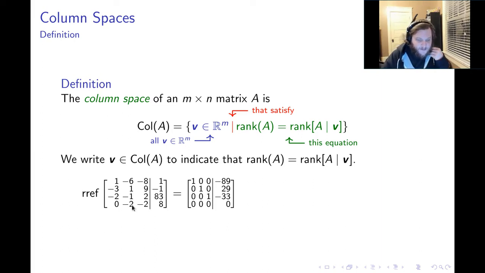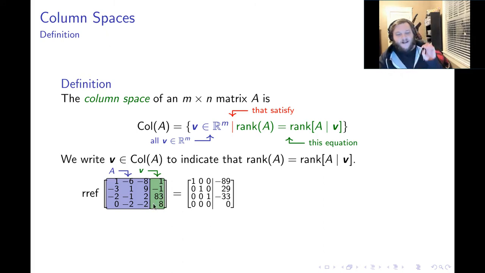In this example, we're taking a matrix A and augmenting with a vector v. The matrix A that we're interested in here is 4 by 3, and we're augmenting with a vector v that has 4 entries: 1, -1, 83, 8. Now I row reduced this augmented matrix, and I got this matrix on the right, and we see that we have 3 pivots, but they're all to the left of the augmented column.